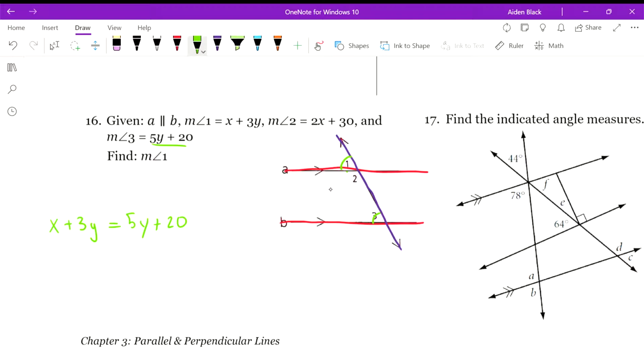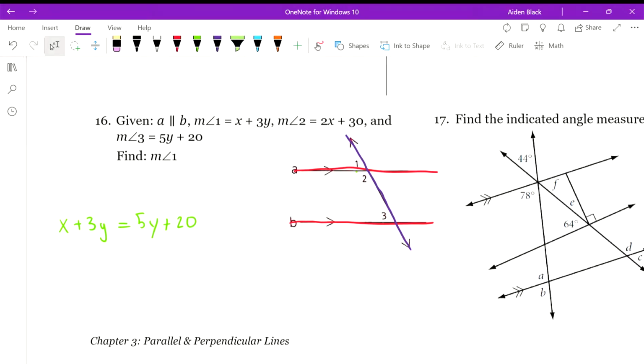And then let's just do 1 and 2. We could do 3 and 2. 1 and 2 form a linear pair, so they're supplementary. 2 and 3 form same side interior angles, so we know they're supplementary. You can choose whichever one you want. I think I'll do 1 and 2.